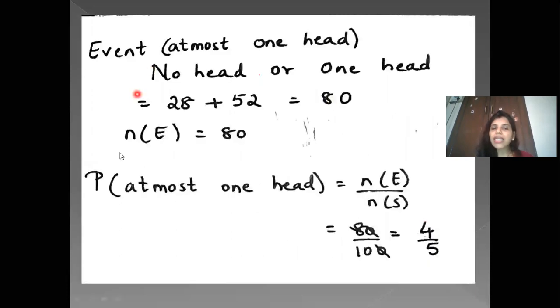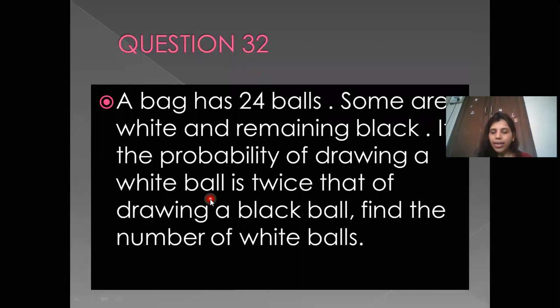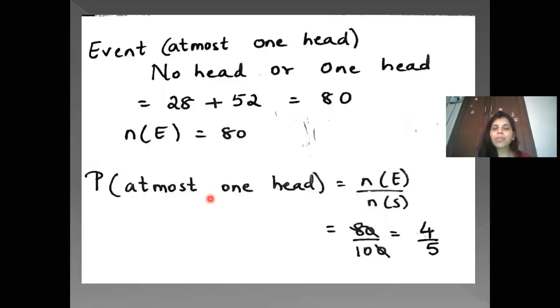Next they have said the probability of at most 1 head. Whenever the word at most is there, I have told you, that 1 head becomes the maximum capacity. Now you have to write 1 head or no head, because below that is no head. So 1 head or no head is the frequency you're going to write.